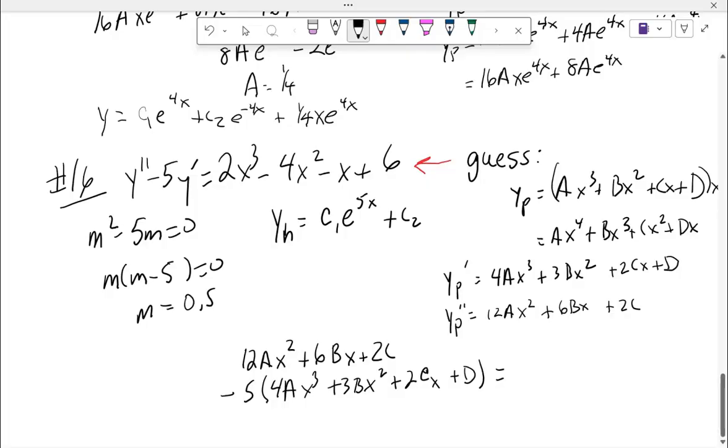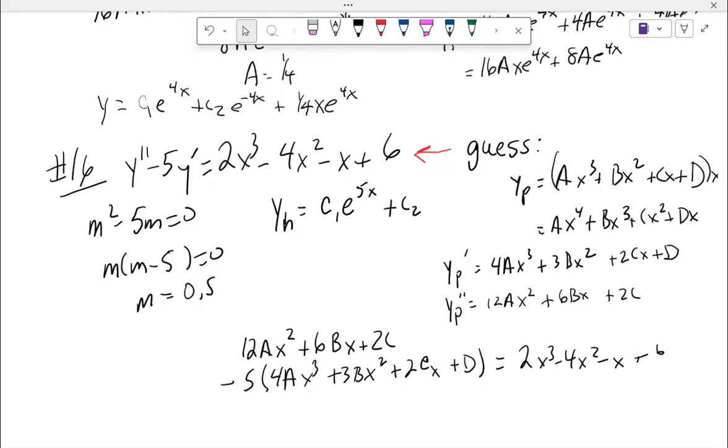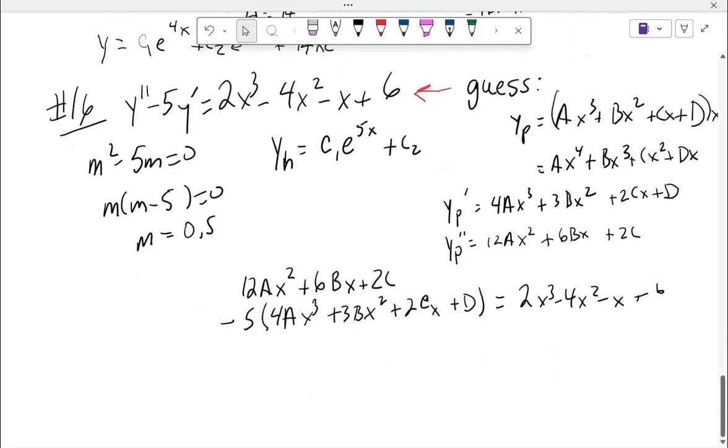And that's supposed to equal 2x cubed minus 4x squared minus x plus 6. That part okay?